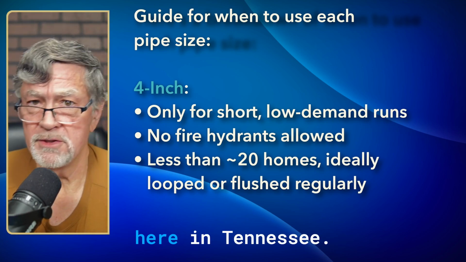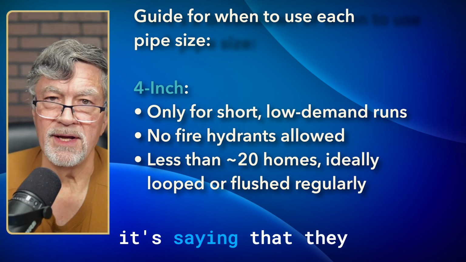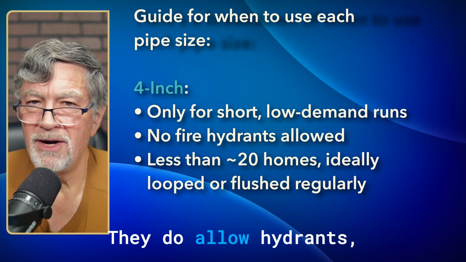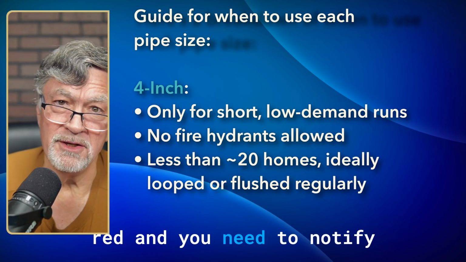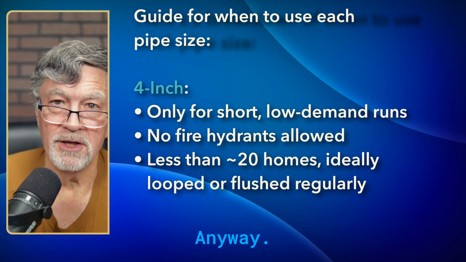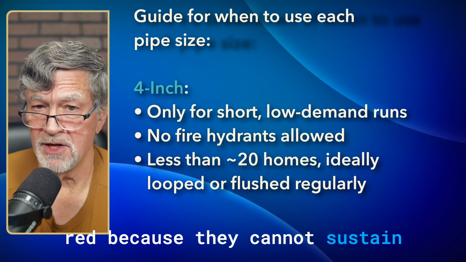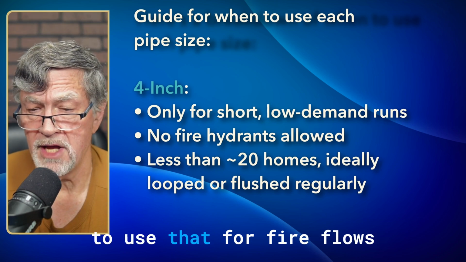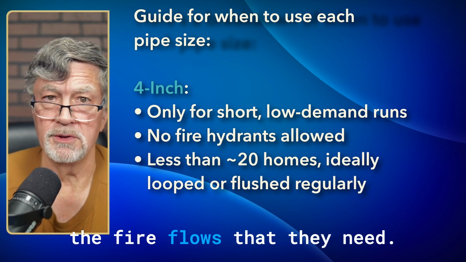Now, I will say here in Tennessee that for 4-inch lines, it's saying that they don't allow hydrants. They do allow hydrants, but in Tennessee, you need to paint those hydrants red and you need to notify the local volunteer fire department. In rural areas anyway, fire hydrants are painted red because they cannot sustain the pressure. So they know not to use that for fire flows because it's not going to deliver the fire flows that they need.